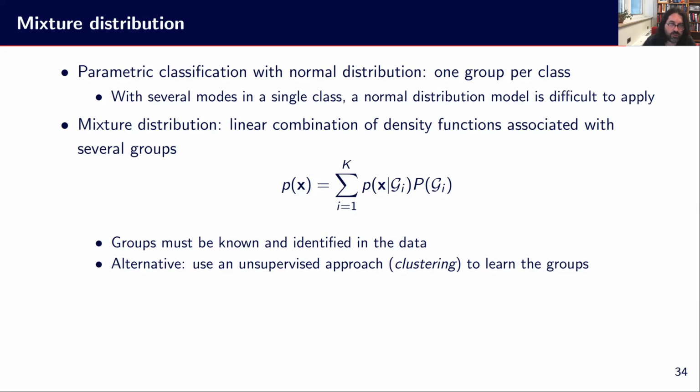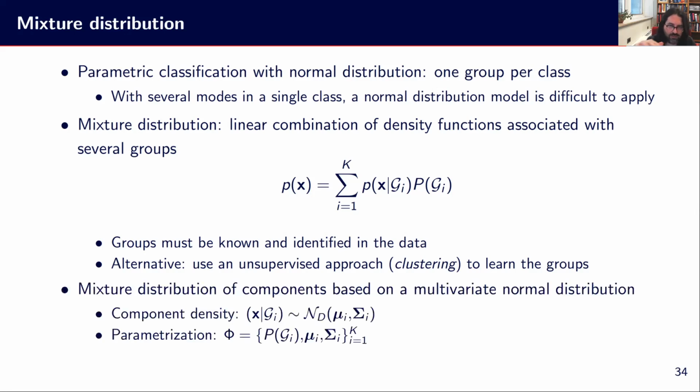If we are able to say, oh yeah, this is data from group 1, this is data from group 2, so we have these two groups that are modeled as normal distributions, and then are joined together as a mixture distribution, this is fine. If we don't have this information to group them, we need to make use of some kind of unsupervised learning approach, clustering basically, to learn these groups. And this is much more complicated, and we will see that later at the end of the semester.